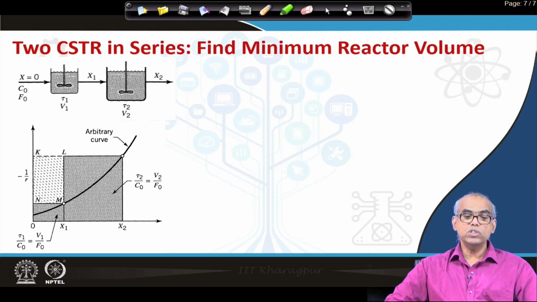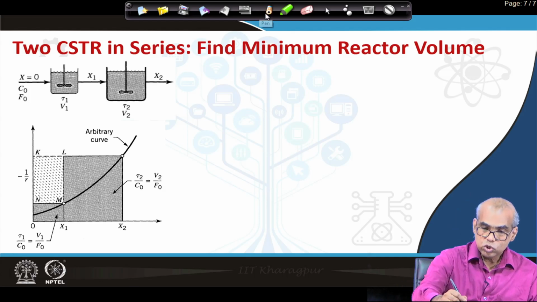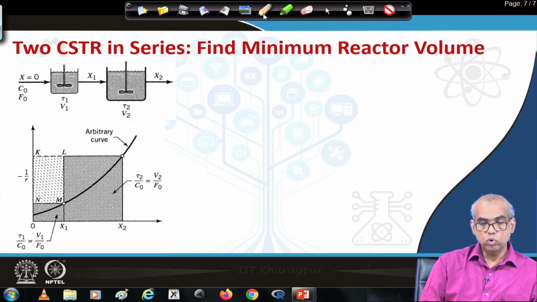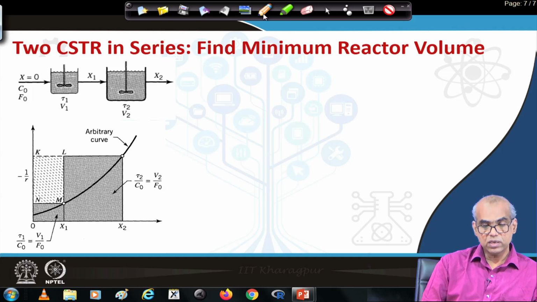Now, let us consider two CSTRs in series. So, this figure shows two CSTRs in series. The first one is smaller in volume compared to the second one.